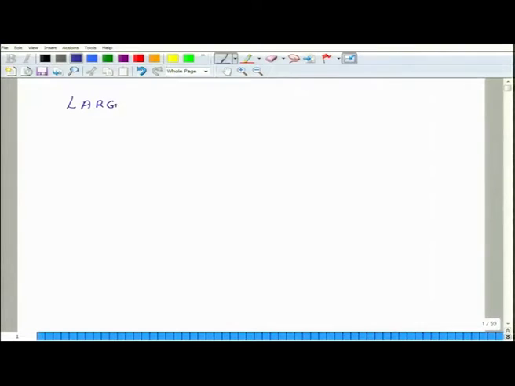So, large enclosures. So, the term here is large. So, what is a large enclosure?